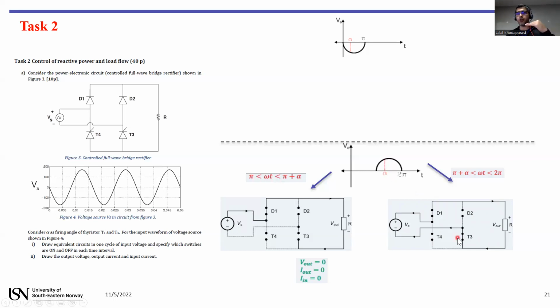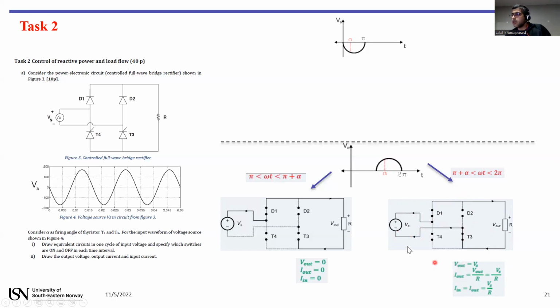So these two switches will be on. In this way, we have a closed path in the circuit, if you follow the pointer.